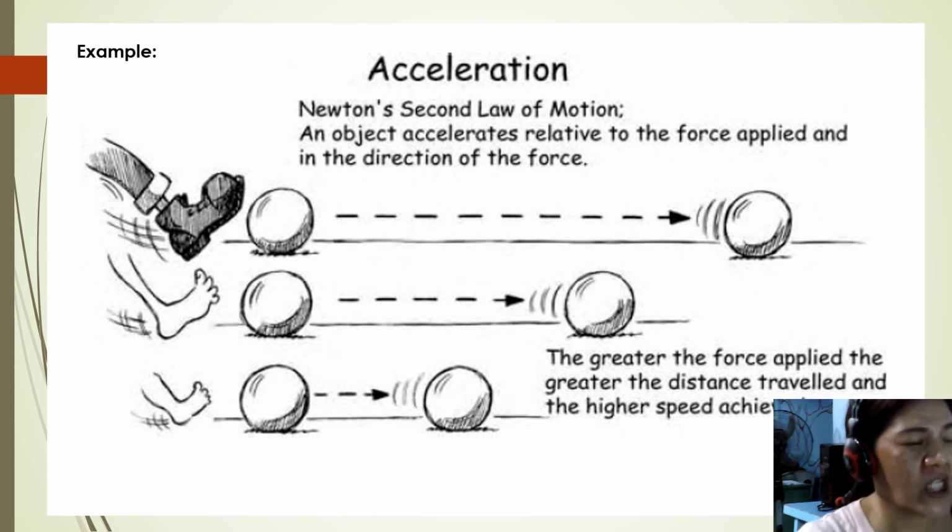Next, lesser force applied, then of course lesser acceleration. So the lesser the force applied, you can expect lesser or slower acceleration. The greater the force applied, the greater the distance traveled and the higher the speed achieved.